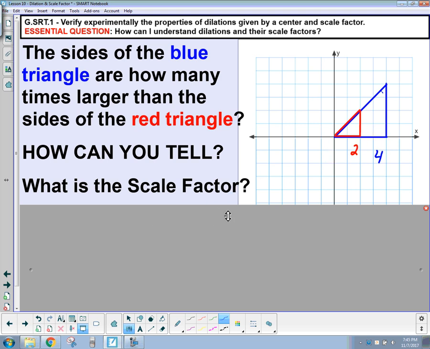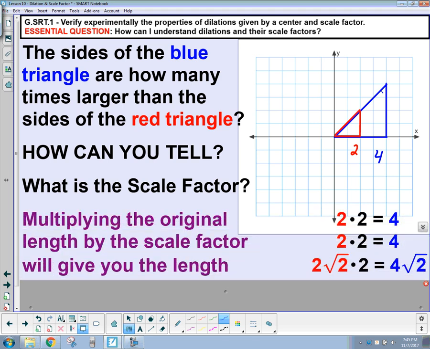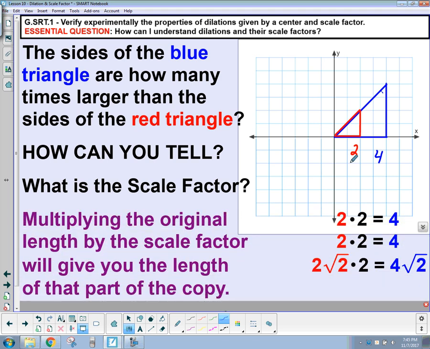What's the scale factor? Well, we're timesing 2 every time. 4, 4, 4 root 2. Everything's being scaled up by 2. Multiplying the original length by the scale factor will give you the length of that part of the copy. So, scale factor 2.